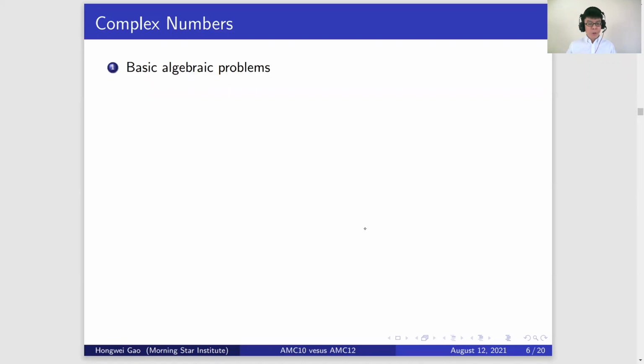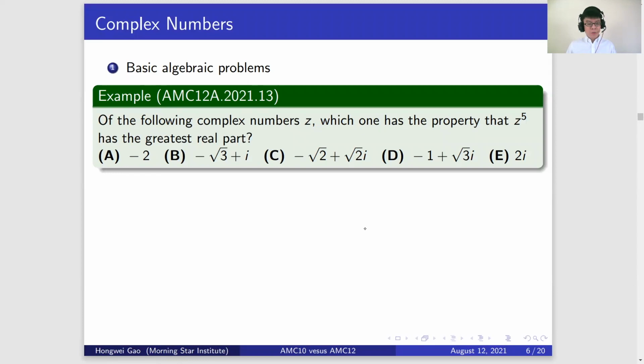Let me first show you one arithmetic question. Given 5 complex numbers, after taking the 5th power, which results in the largest real part? So this problem tests students' understanding of a complex number in its algebraic structure and geometric meaning.